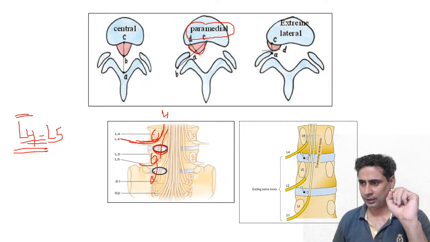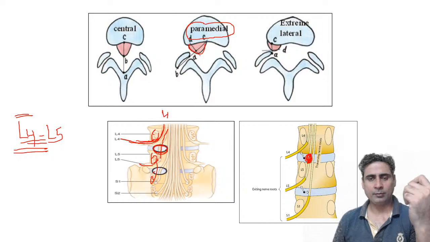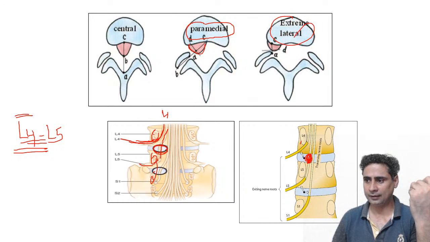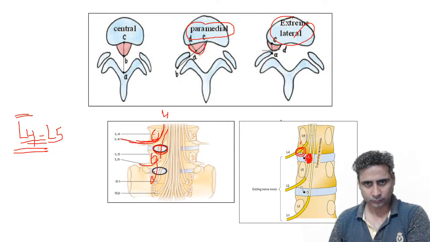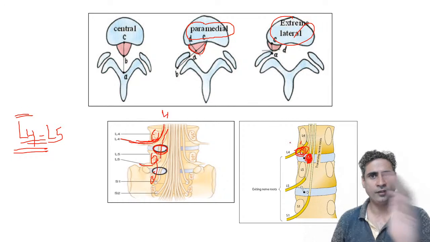Here you can see this traversing nerve root will be compressed most commonly. Sometimes, very rarely, when there is a far lateral disc, an extreme lateral disc, it will cause compression of the exiting nerve root.